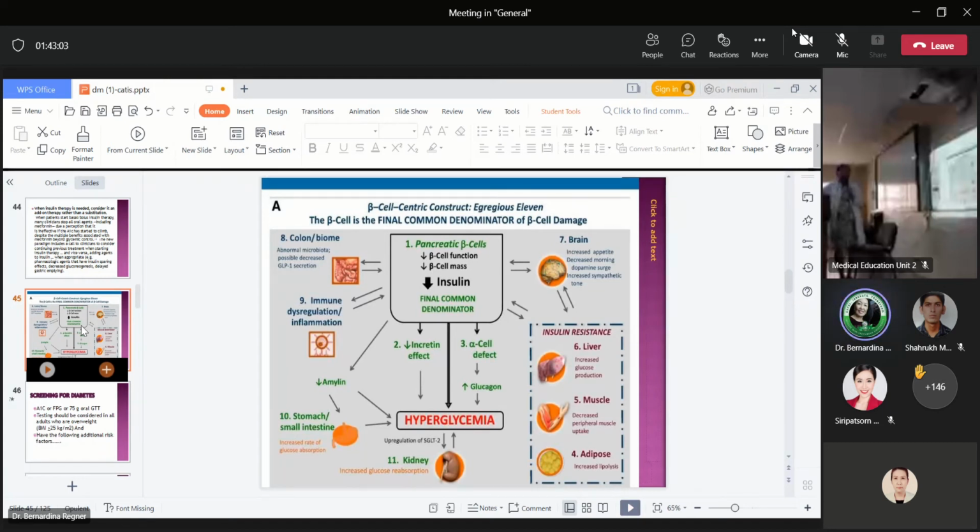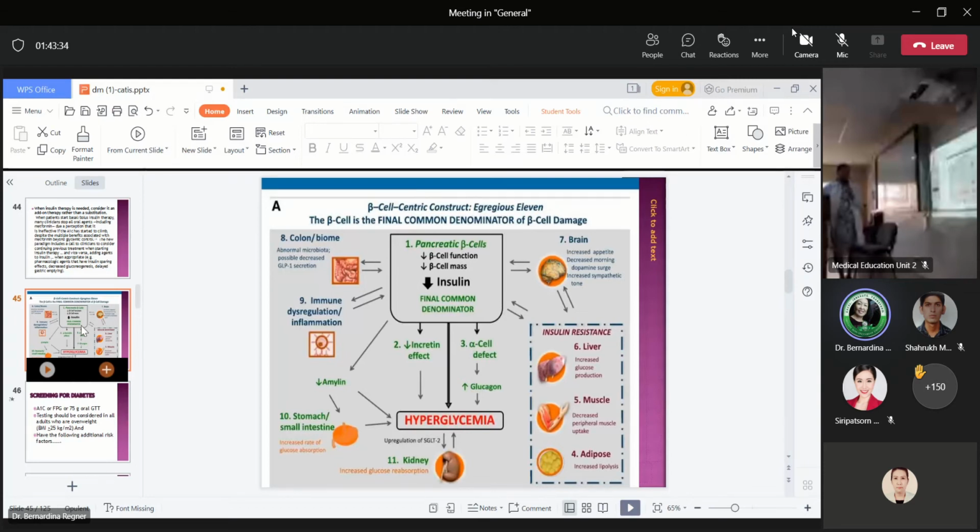Okay. Number 10, stomach or small intestine. You have here increased rate of glucose absorption. Increased rate of glucose absorption. And we have one class here of medications that can decrease glucose absorption or increase glucose elimination in the gastrointestinal tract. And you have here your alpha glucosidase inhibitors.